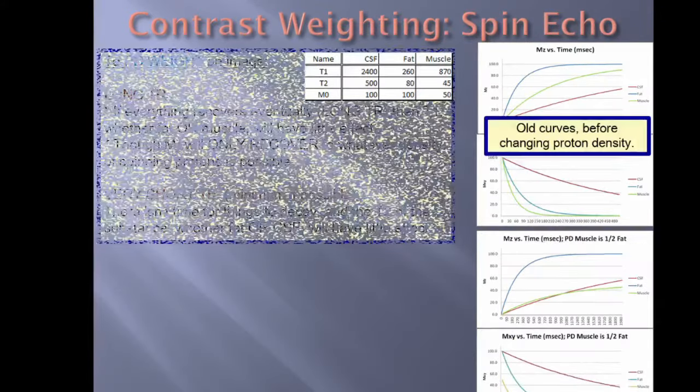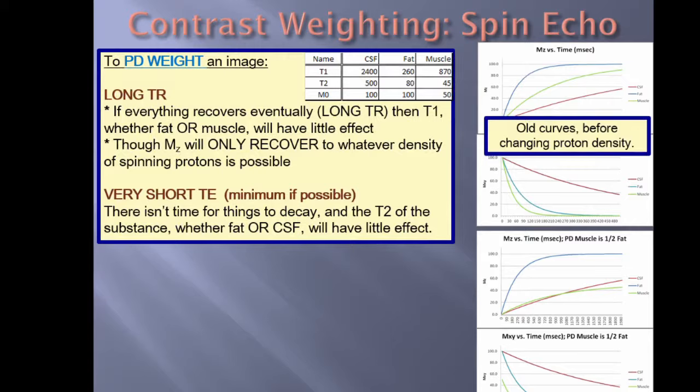These are the old curves from before. We changed the proton density, and now notice what happens. Muscle can only recover to about 50 instead of 100, right? And when you put an RF pulse where everything goes into the XY plane, you only generate 50. So at T0 you're only generating 50% of the signal you get for CSF or fat.